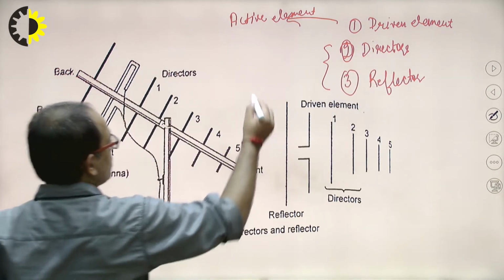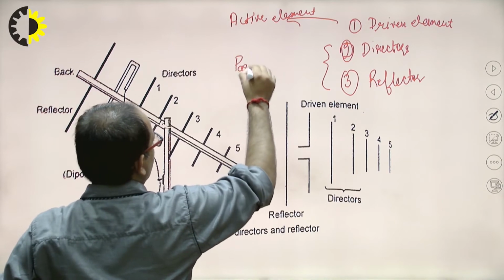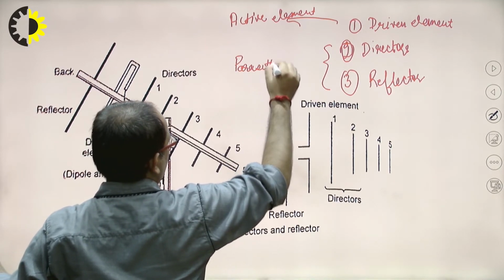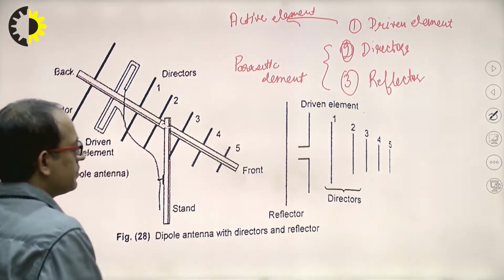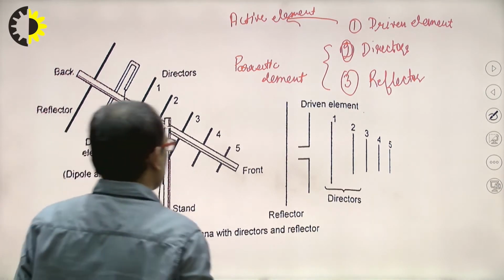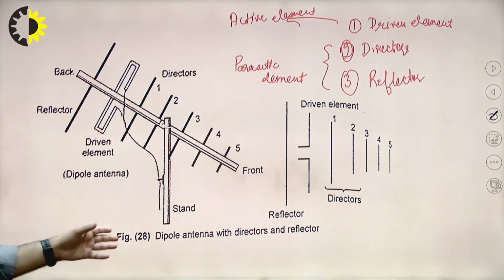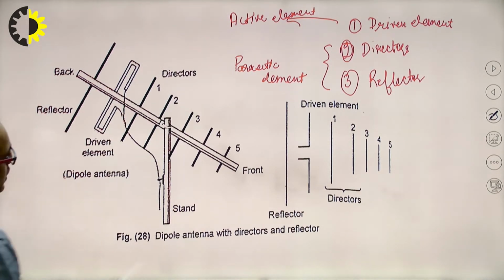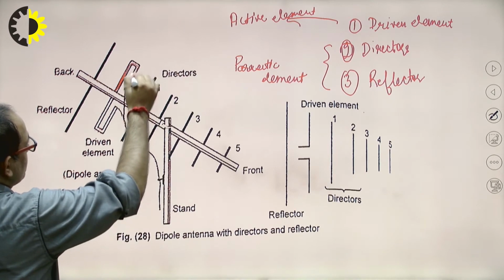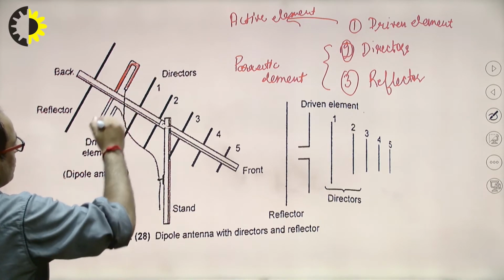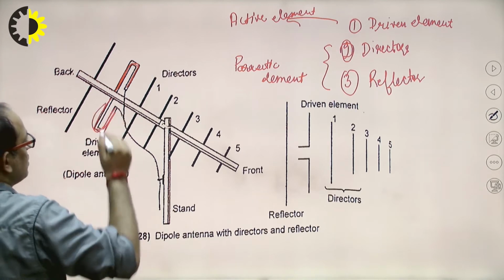So these are known as the parasitic elements. Clear? So this is the Yagi-Uda antenna, in which this is a stand and this is a dipole, or the driven element.